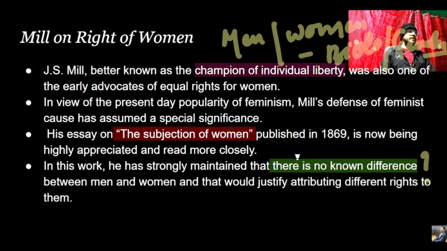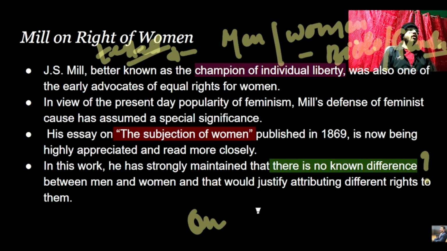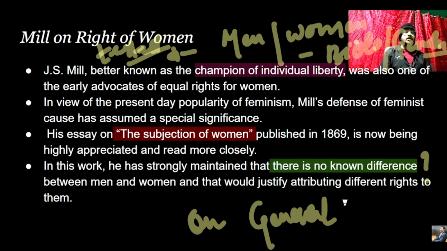But here Mill will come and say that no, it is not like that, because these ideas are not tested. They are basically on the basis of the generality of the practices, right? Whatever has been going on, we are just carrying forward the same notion. It is not tested, and hence he says that there is no known difference, right?